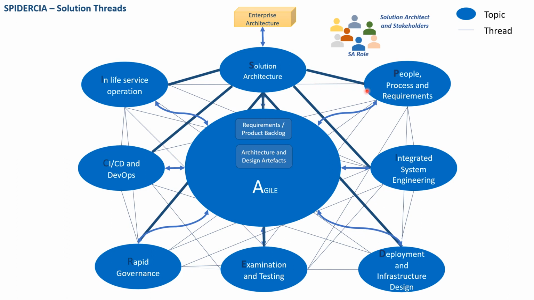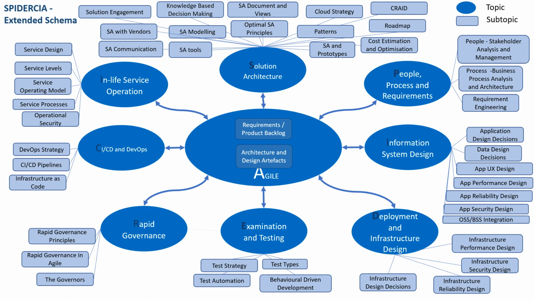I focus quite heavily on the relationship between solution architecture and the people, process, requirements, but everyone is really key. There's a bit more detail in the book around how these relationships should be used in solution architecture practice.